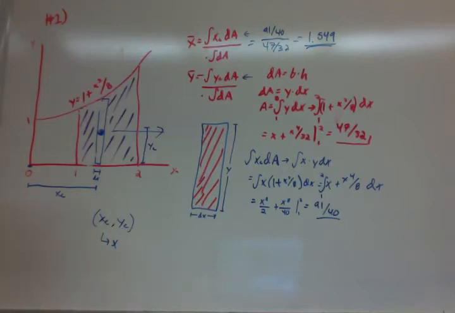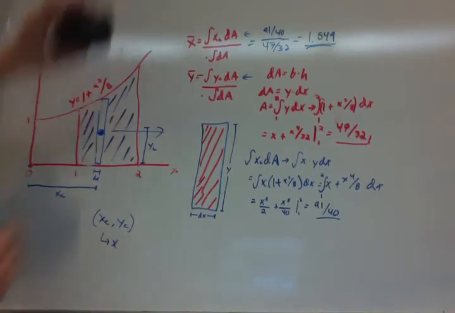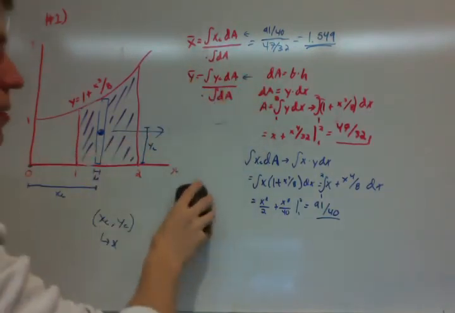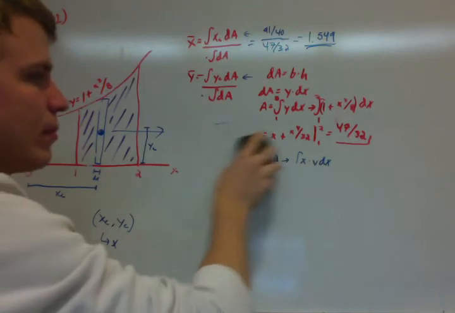I would recommend, if you don't have this down, pausing, because I'm going to erase it and start for y bar now. So let's go ahead and I'm going to make some room here.